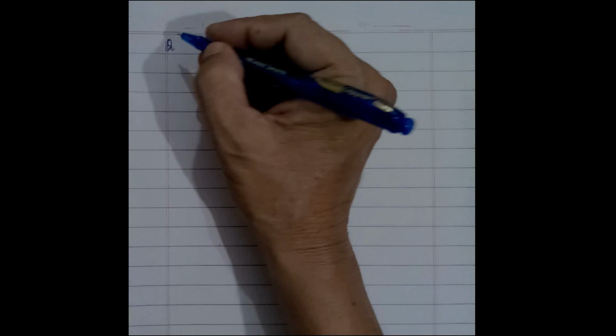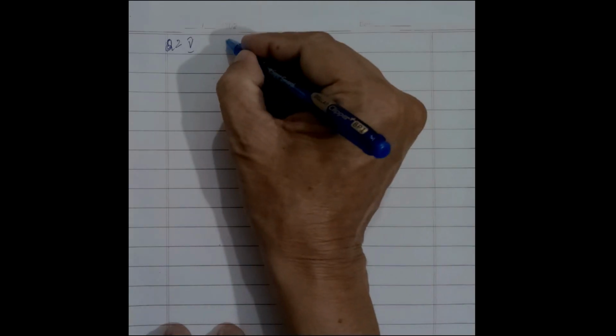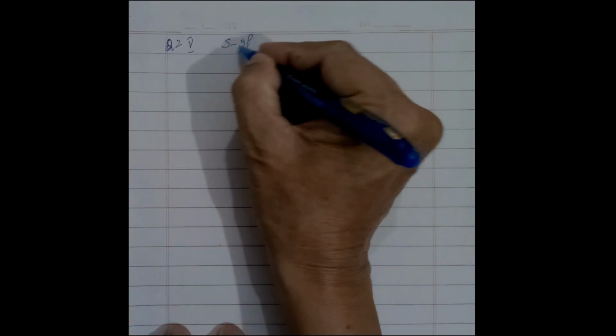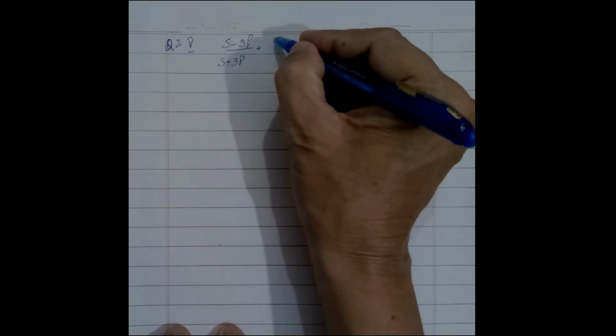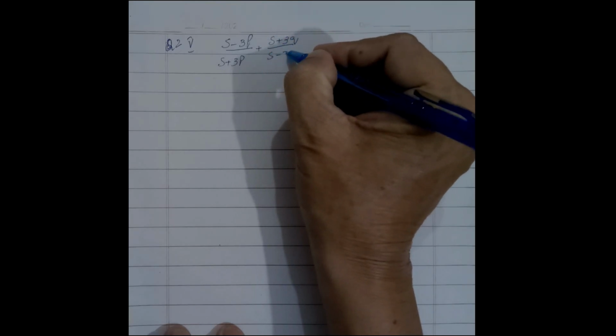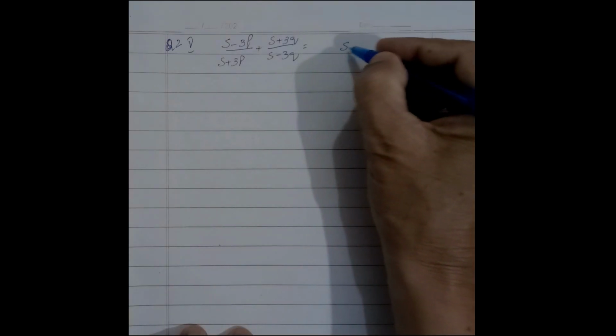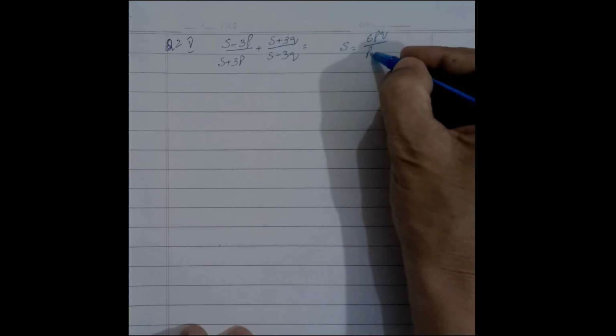Question 2 part 5, in which find the value of (s minus 3p over s plus 3p) plus (s plus 3q over s minus 3q) is equal to, find these fraction values, and given s is equal to 6pq over p minus q.